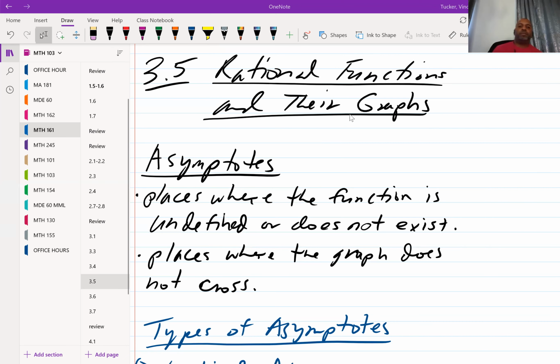All right, so 3.5 is rational functions and their graphs. So as before, when I mention graphs up to this point, graphing by hand is not anything we're emphasizing at this point.